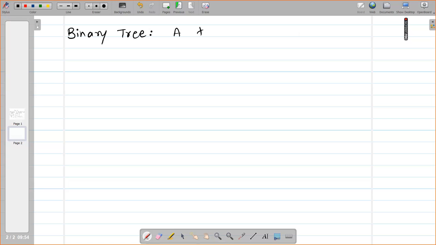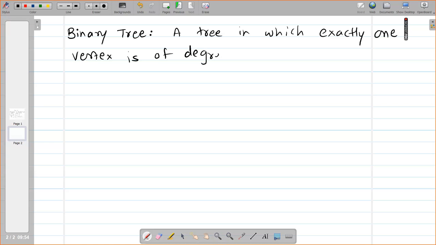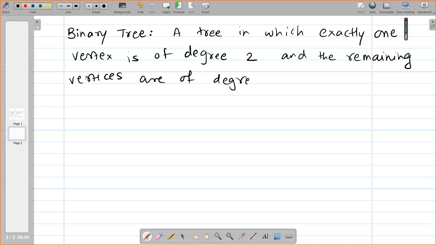So a tree in which exactly one vertex is of degree 2 and the remaining vertices are of degree 3 or 1 is called a binary rooted tree.